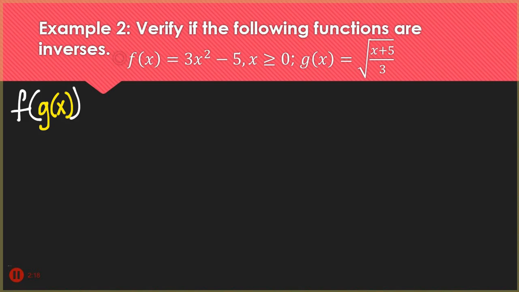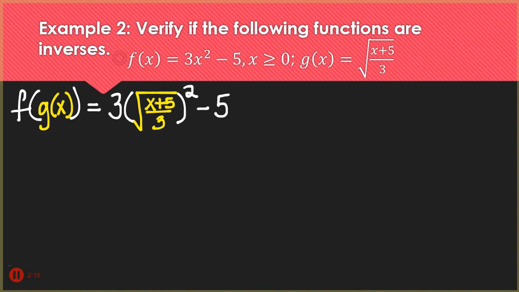So let's start with that one. If the f function says 3x squared minus 5, that means I have to take 3 times something squared and subtract 5. The something is going to be that g function. So I am substituting in my g function.